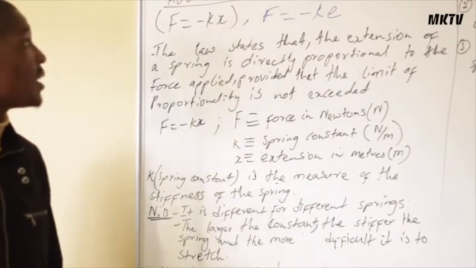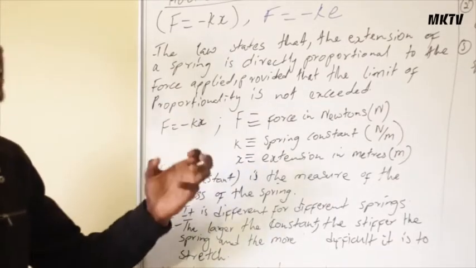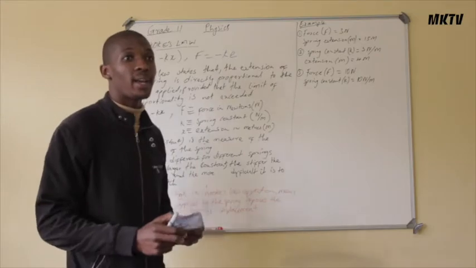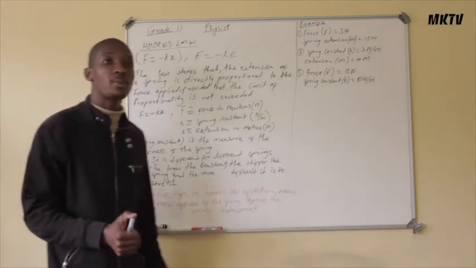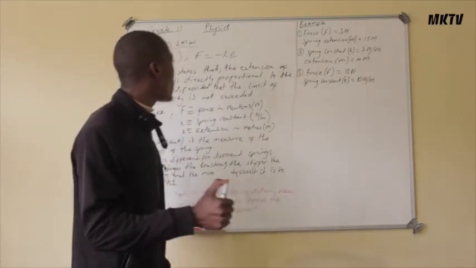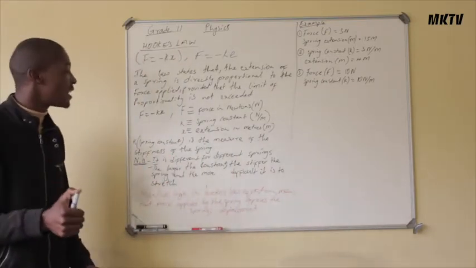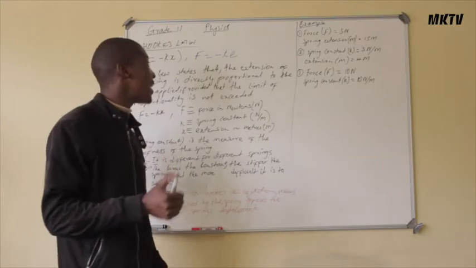What do we mean? This is what we mean. If we have a larger constant, we are going to multiply by a bigger number. And we know that when a bigger number multiplies a certain number, we get a bigger result.